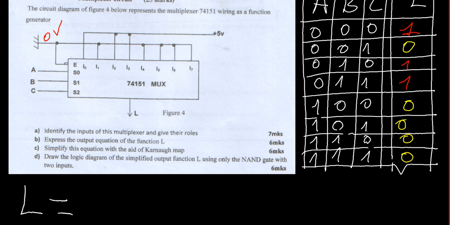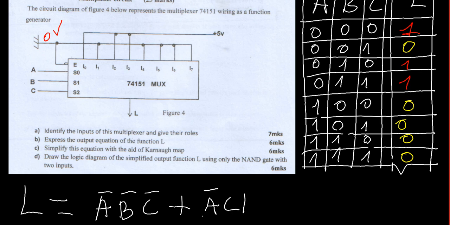L, the equation of the output, is equal to A bar B bar C bar, or A bar B C bar, or A bar B C. That is all about that output, and it was the expression of equation number B.